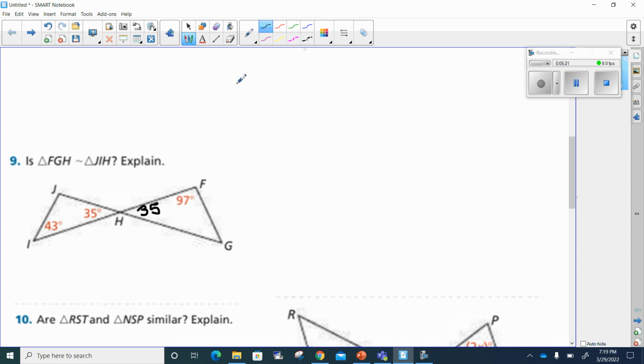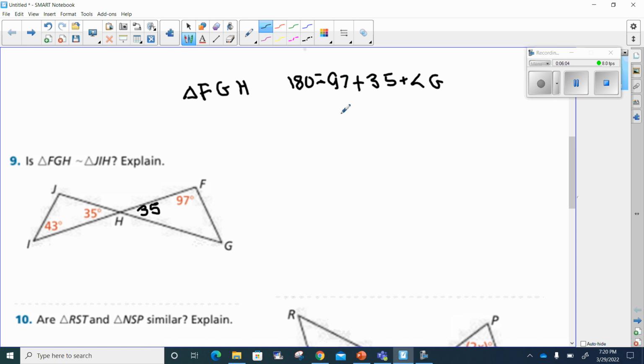So in this case of triangle FGH, we can say that we would have 180 has to equal 97 plus 35 plus G. We could say angle G. Now we can add 97 and 35.